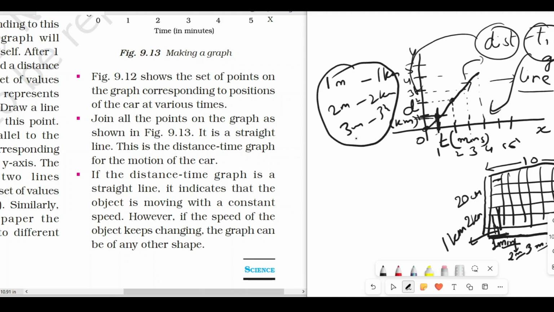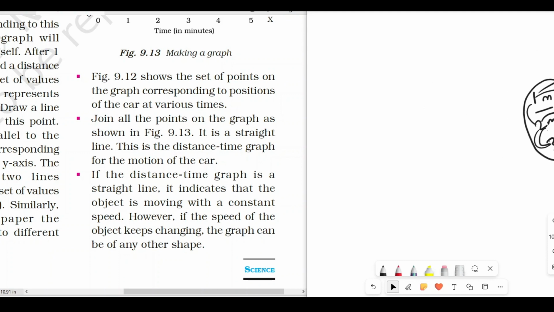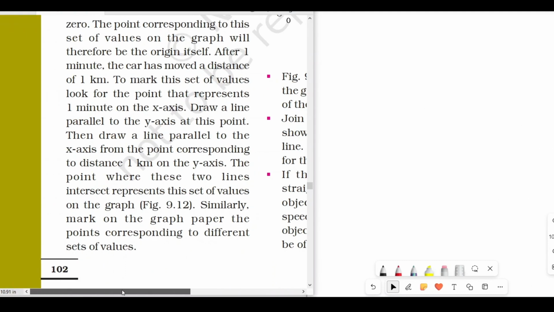There's a constant change in distance after a constant change in time interval. हर एक मिनट में वो 1 ही किलोमीटर जा रहा है, and that's why it's a straight line. अगर ऐसा नहीं होगा, if in one minute it goes 1 kilometer, in 2 minutes it goes 3 kilometers, in 3 minutes it goes 10 kilometers, so this graph can be even of a different shape. Okay, so I think that point is kind of clear. Let's move forward.